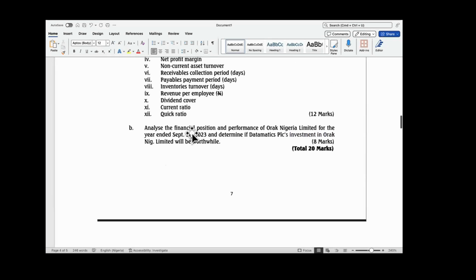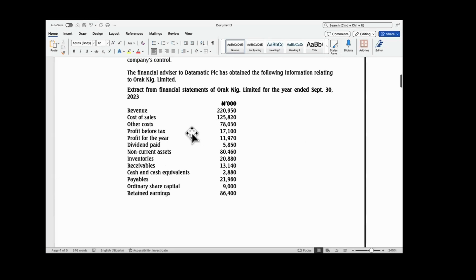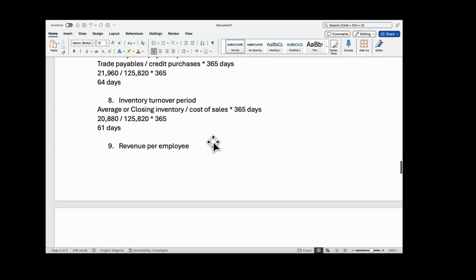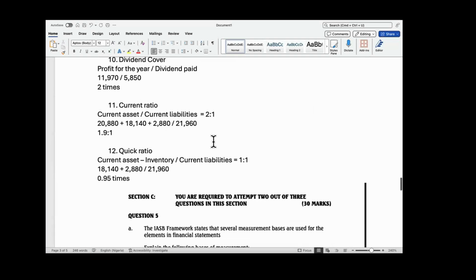Have you confirmed? You see, that's why the receivables that I asked Latif to cram is 13,150. Latif gave us 18,150.